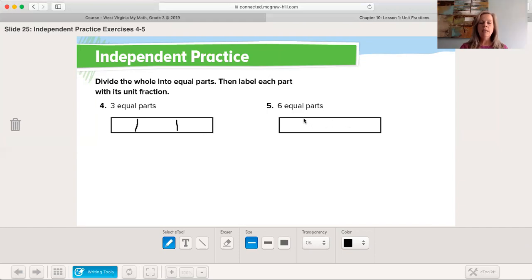And then with 6, we're going to make thirds again. And then if we divide those, we should get 6. So one part, one unit fraction should be 1 of the 3, and that's 1/3. And 1 of the 6, that unit fraction should be 1/6.